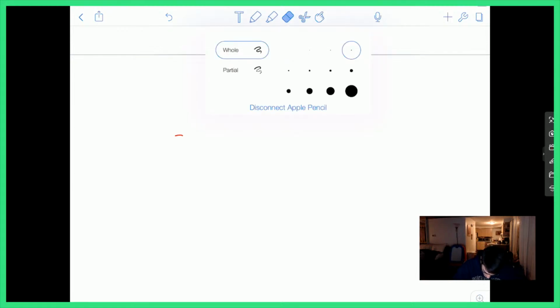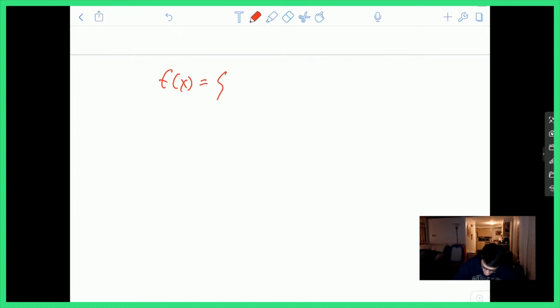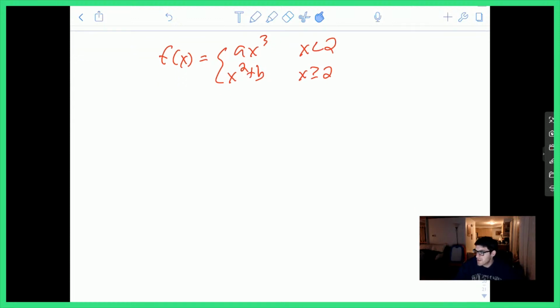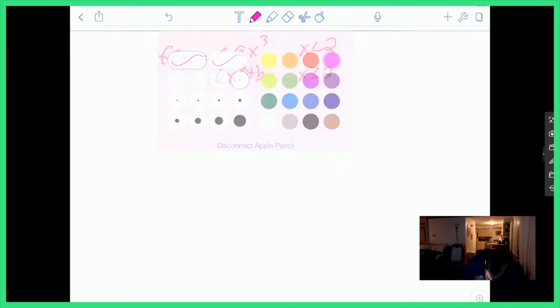So, f of x was equal to ax cubed when x is less than 2, and x squared plus b when x is greater than or equal to 2. So I won't do out the definition this time just to make things go a bit quicker. But we can do out the continuity and the differentiability pieces.